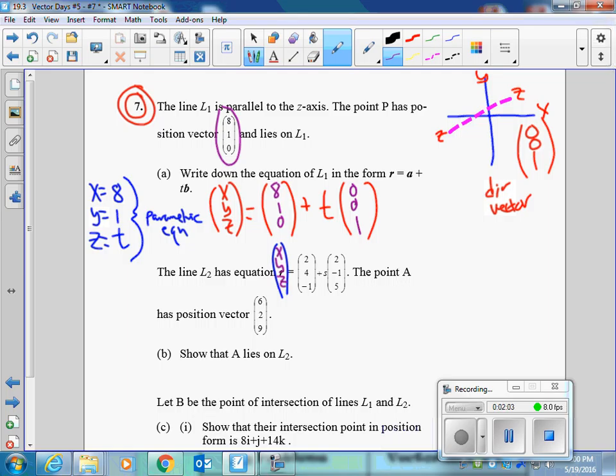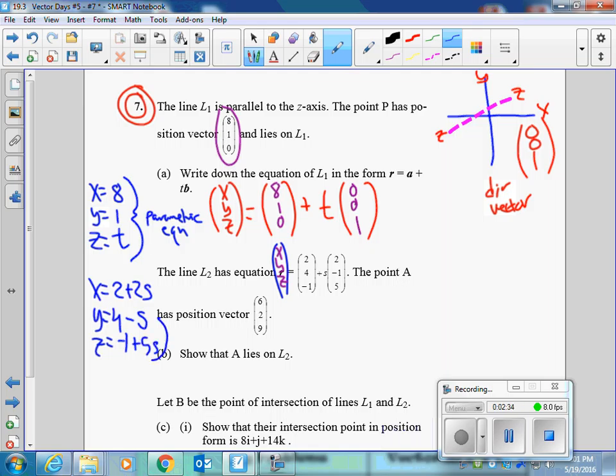And let's see. Show that A lies in L2. Well, let's do this first. I'm going to put the parametric for this one: X equal to 2 plus 2S, Y is equal to 4 minus S, and Z is equal to negative 1 plus 5S.